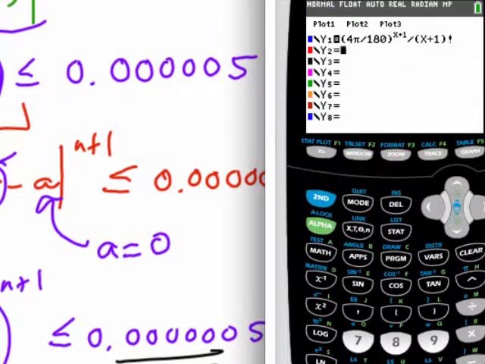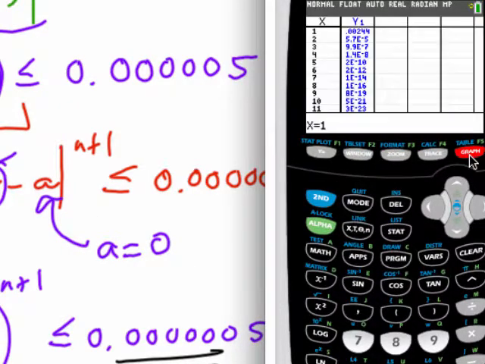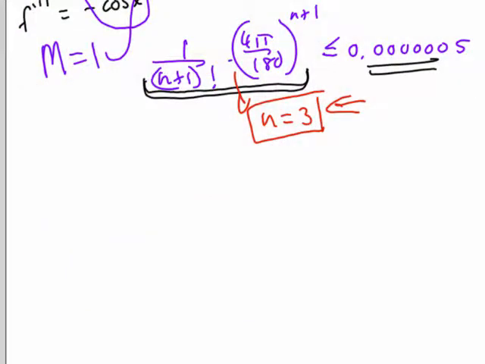So I'm just going to put this formula into my y1, and then on my table, look for the value of n that makes this less than this. And if I go down here, 2 is not quite big enough, but 3, 9 times 10 to the negative 7, will make this smaller than this. So what this is saying is use a third degree Taylor polynomial to approximate sine x, and your approximation will be accurate to 5 decimal places.